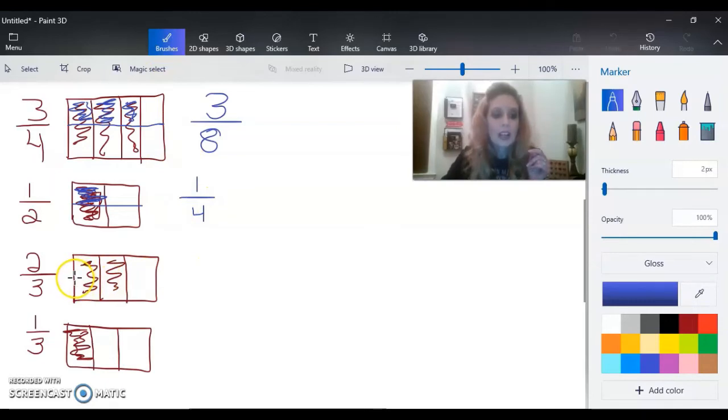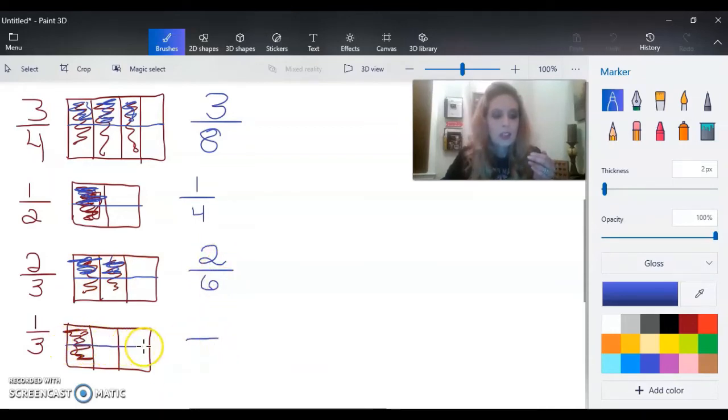On this one, if I cut this in half, I now have 1, 2, 3, 4, 5, 6 total parts. Looking only at the parts I've colored in, I've got 1, 2, 3, 4, and I need half of that. Half of 4 would be these 2 right here, so that would be 2/6.